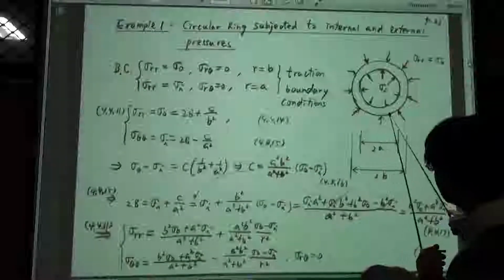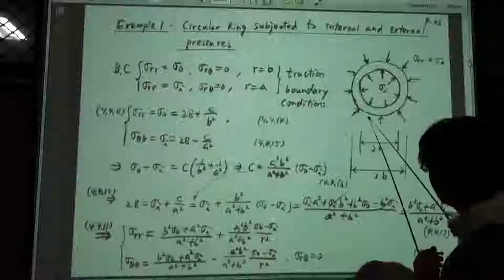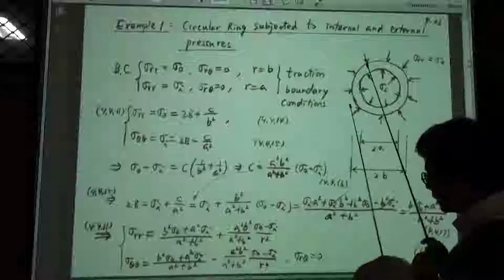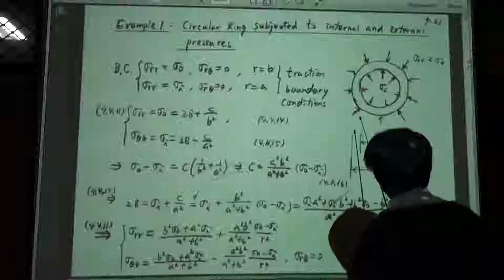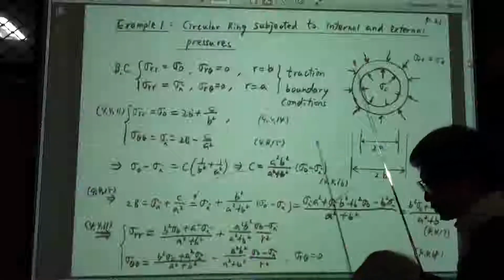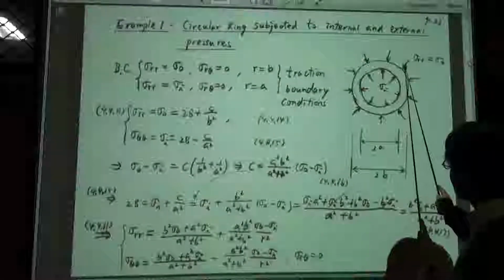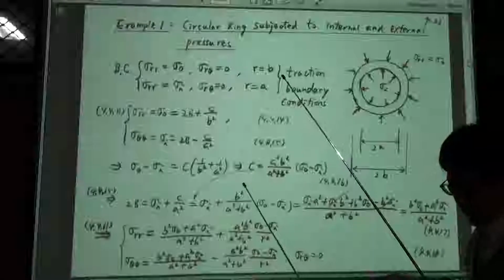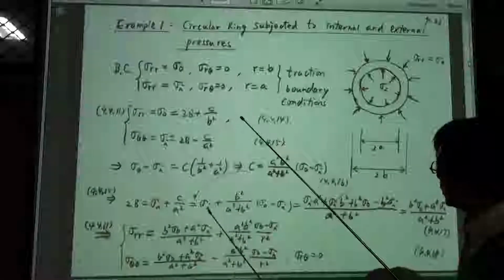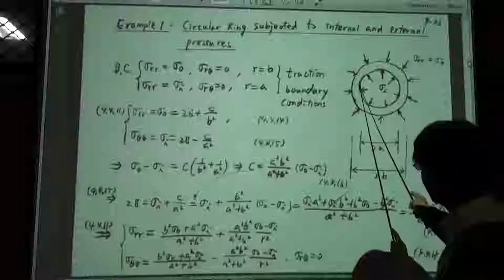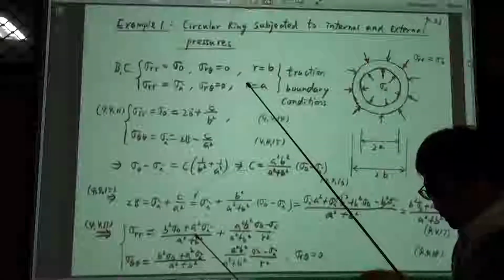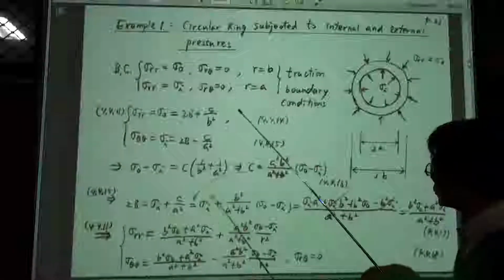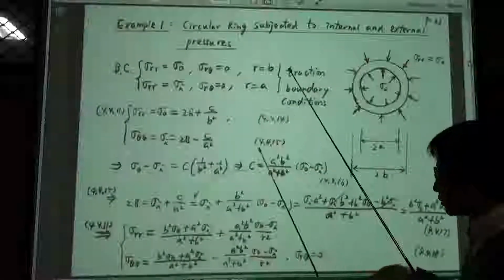There is soil pressure outside the pipeline, and inside the pipeline there is water pressure. These kinds of pressures are axisymmetric. Since the pipeline itself is circular in shape, the whole problem is an axisymmetric problem.